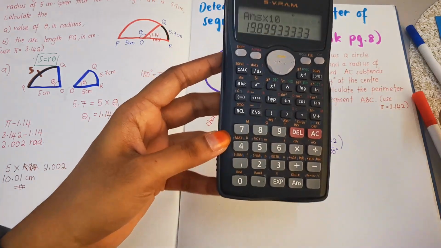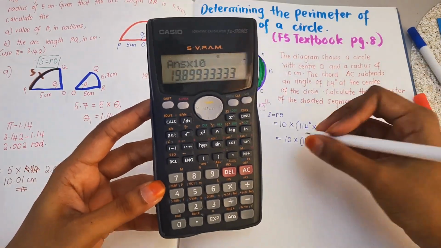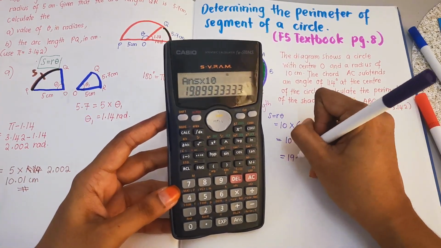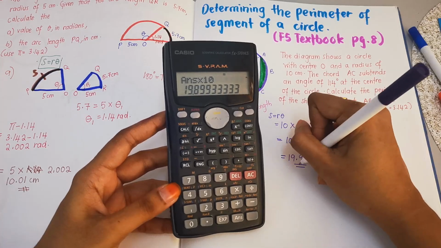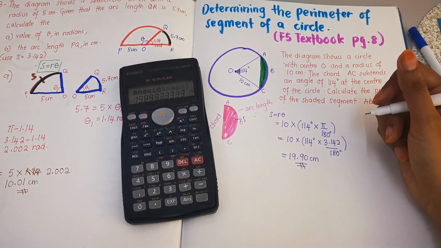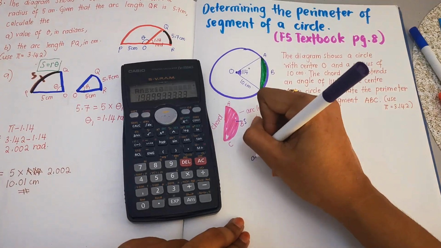Okay, so the arc length, correct, was 19.89, or we can write this as 19.90. So this will be our answer. Let me check. Okay, it's correct, 19.90. So this is the arc.